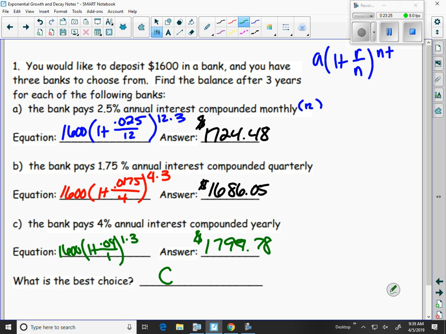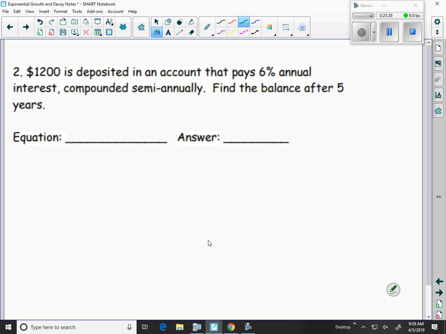Okay, questions on those? $1,200 is deposited in an account that pays 6% annual interest, compounded semi-annually. Find the balance after 5 years. Okay, so this is just like what we were just doing, but now we have semi-annual.